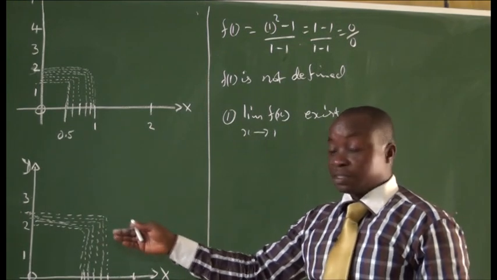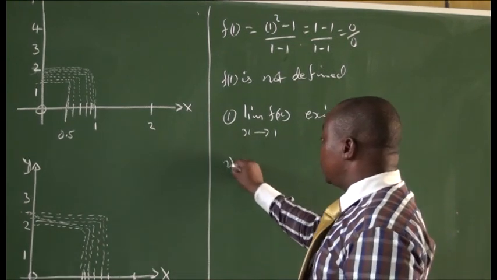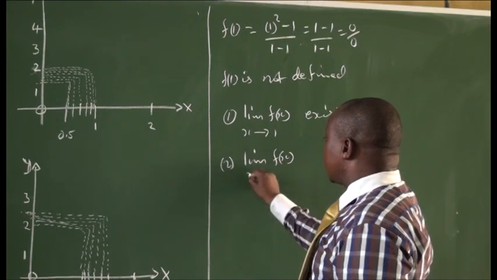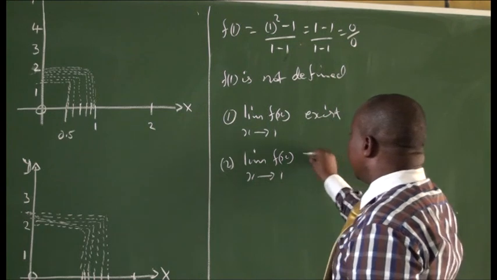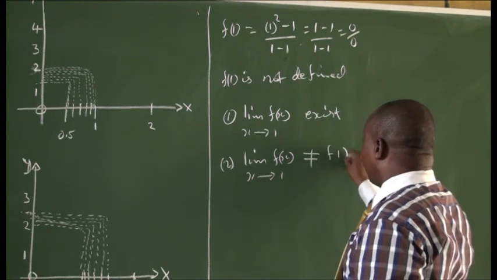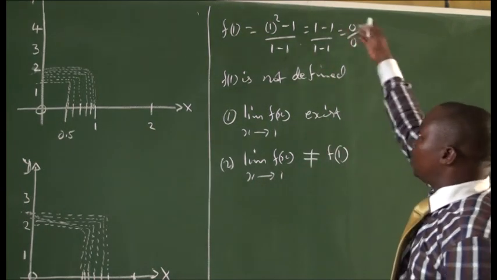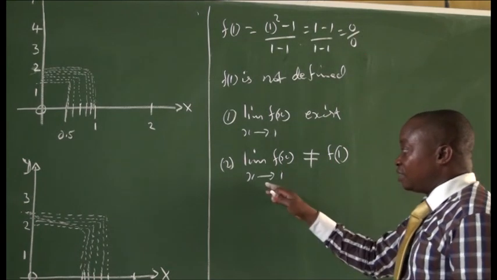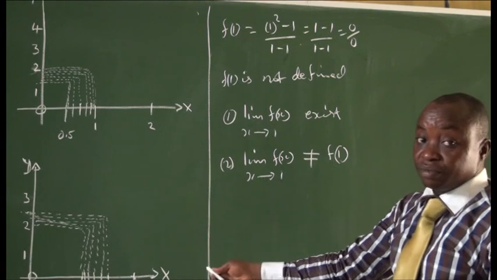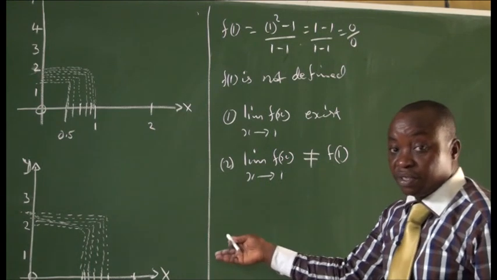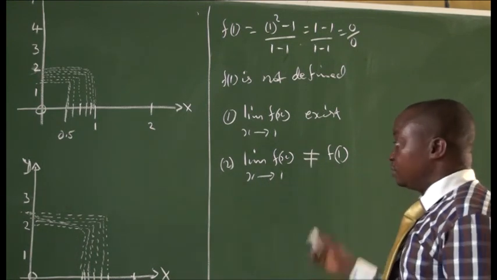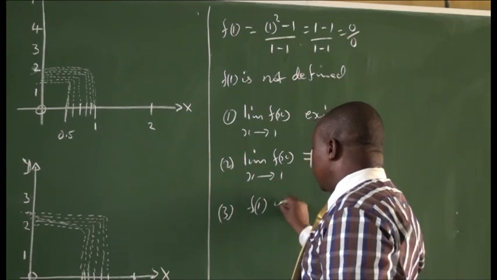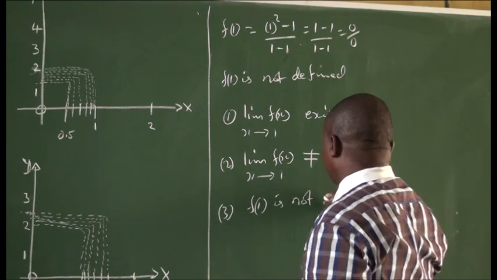We have seen the limit. Property number 2 is that the limit of f of x as x approaches 1 is not equal to f of 1, because f of 1 gives me 0 over 0, while the limit of f of x gives me 2. So it's not equal to f of 1. Number 3 is that f of 1 is not defined.